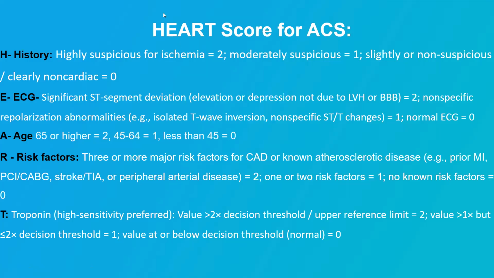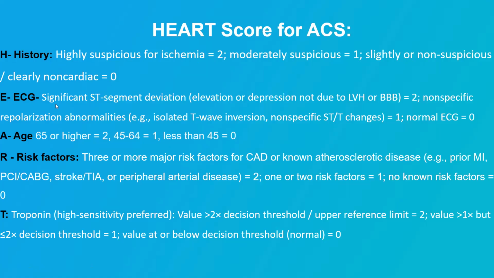The mnemonic itself is HEART, which starts with history. If the history of the patient is highly suspicious for ischemia, they get 2 points. If the history is moderately suspicious, it's suspicious but not highly suspicious, they get 1 point. If the patient has slightly or non-suspicious, clearly non-cardiac history, 0 points.